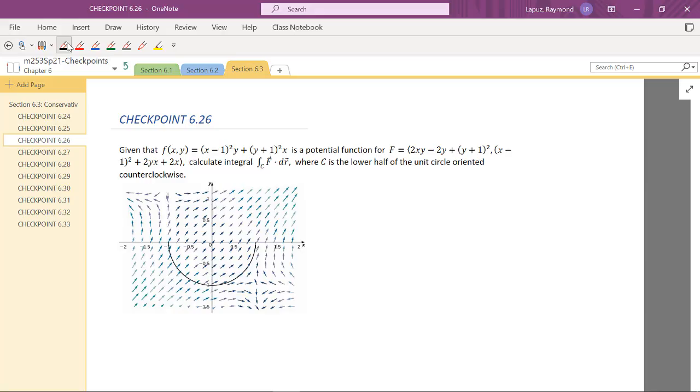Well, if we know the potential function, that means f is equal to the gradient of little f.